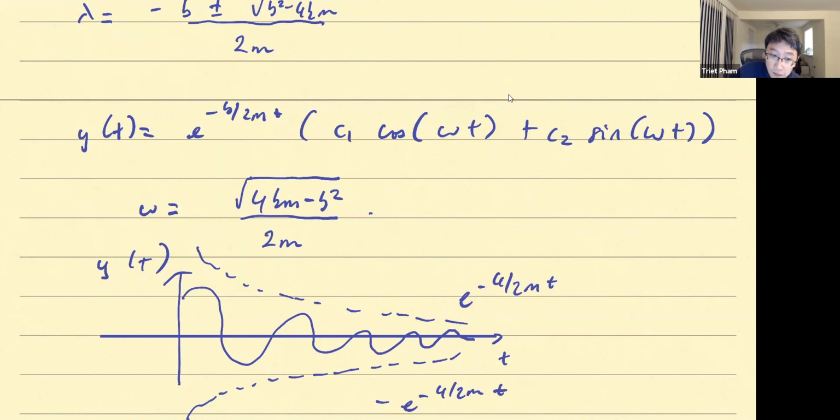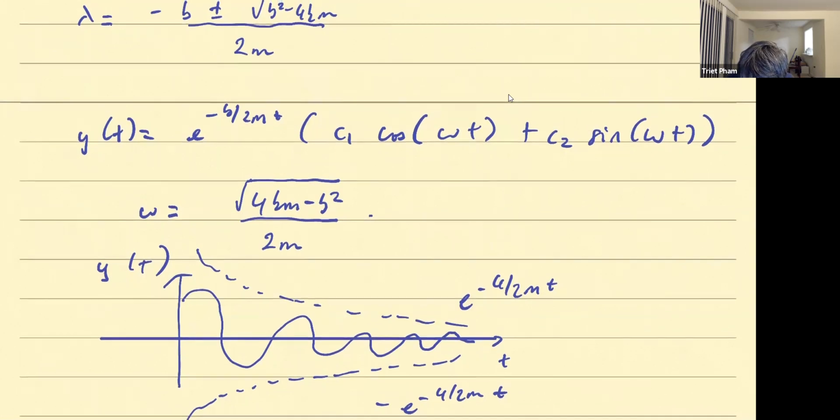Any question? Yeah. So Lauren, what are you asking? You can't read that. Here, 4 over 2m, hold on, I can't even read my handwriting. What am I saying here?